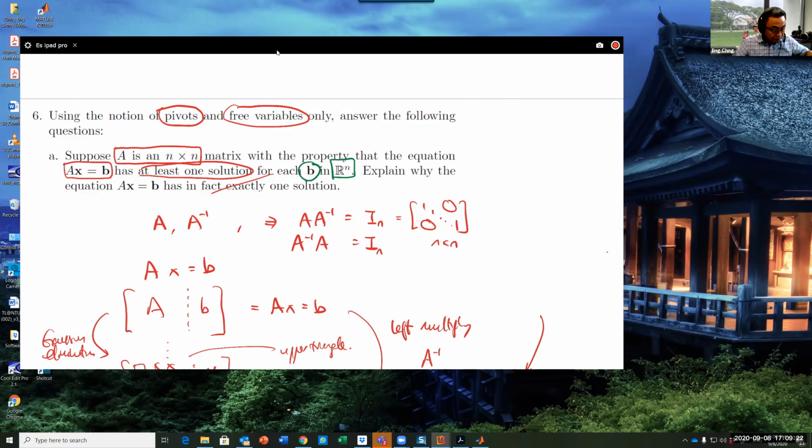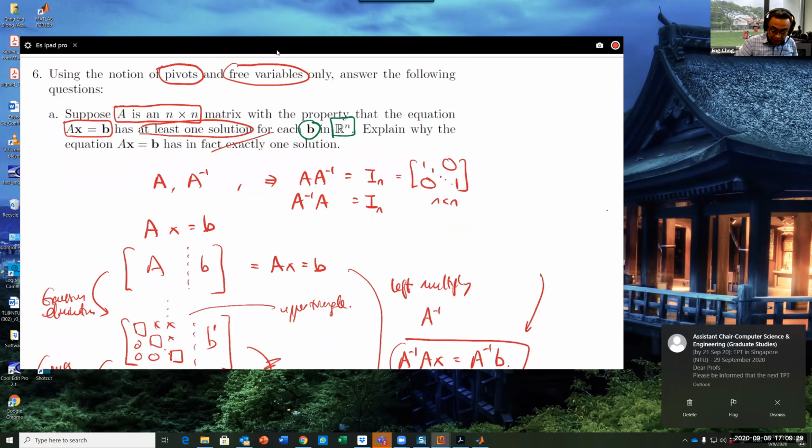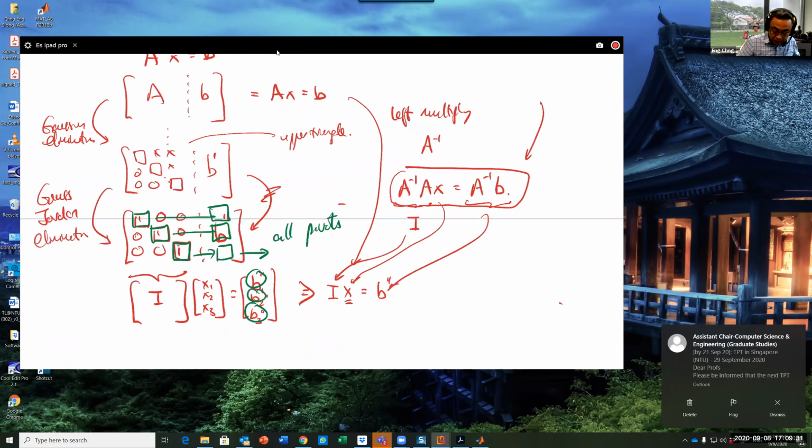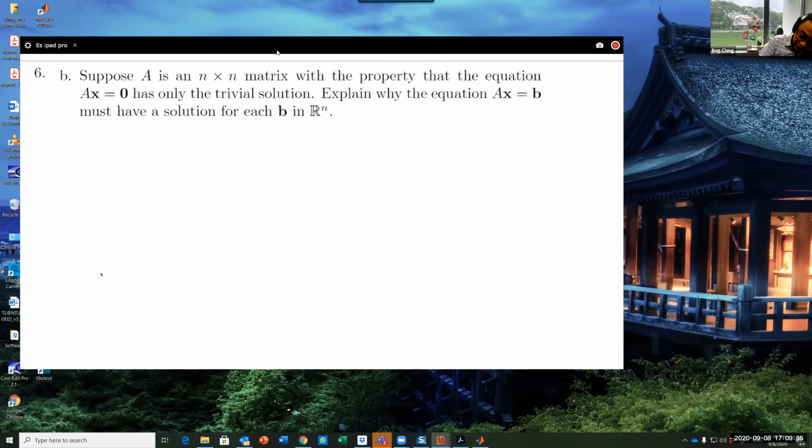All right, so I can now go to the second part of the question. The second part says that Ax equals 0 has only the trivial solution. It means that A multiplied by 0, 0, 0 equals 0, 0, 0.